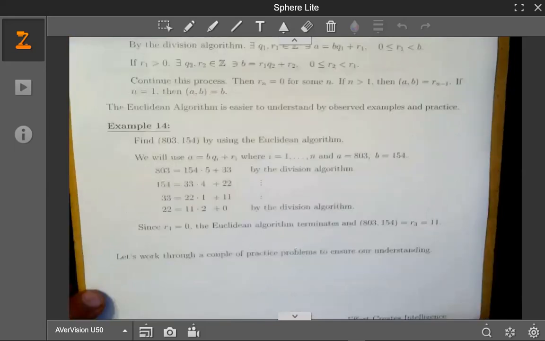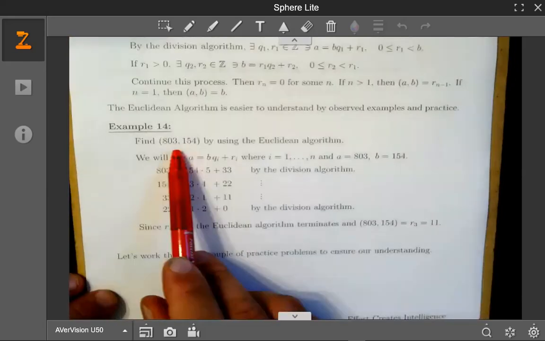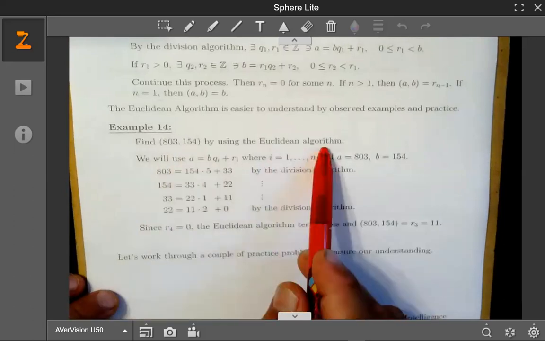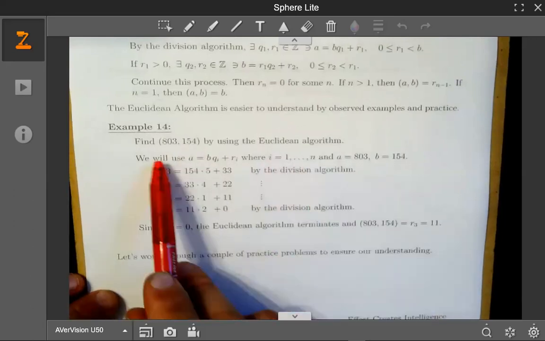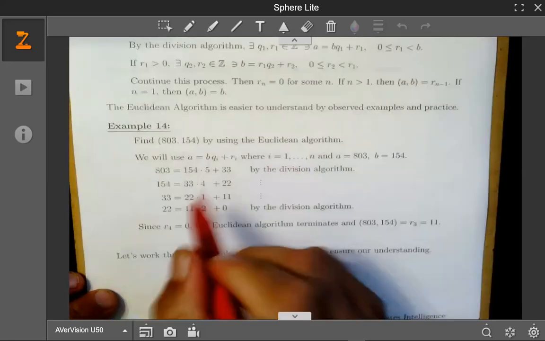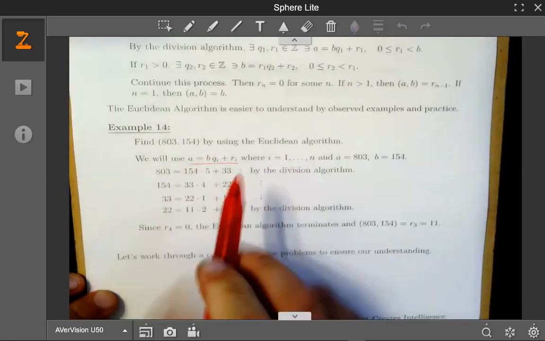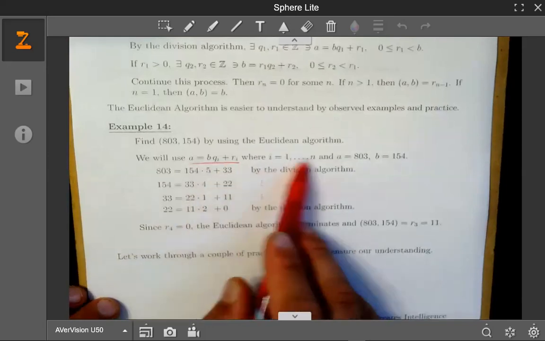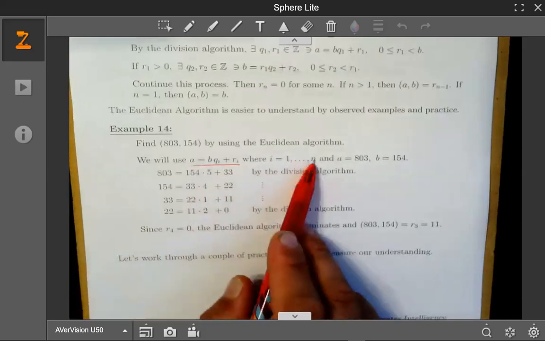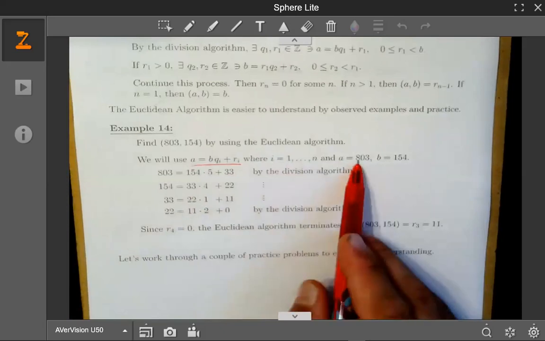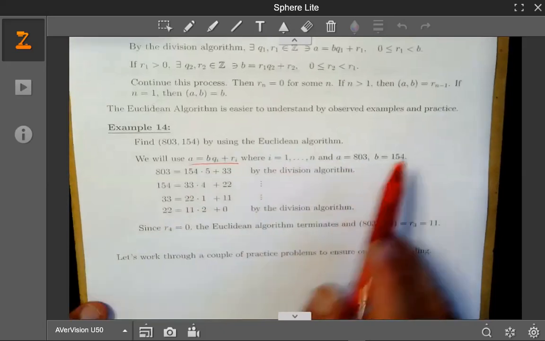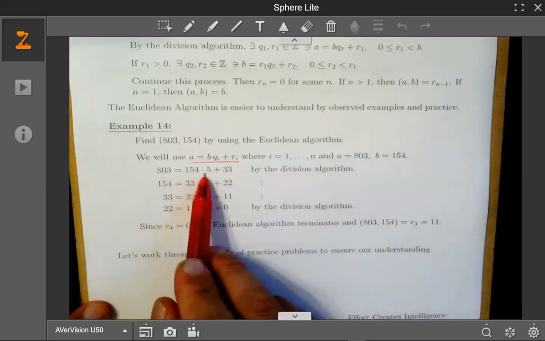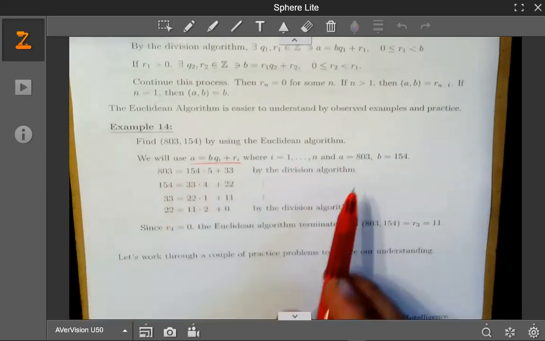Okay. So if we want to find the greatest common divisor of 803 and 154 using the Euclidean algorithm, we will use this piece, that a is equal to b times some quotient plus a remainder, where i is going to be 1 to n. And a is 803, b is 154. So 803 is equal to 154 times 5 plus 33 by the division algorithm.